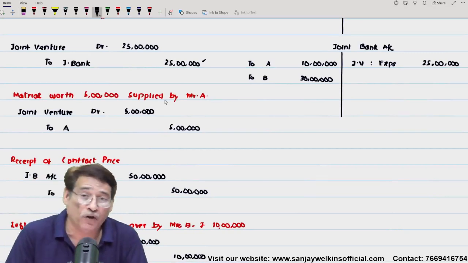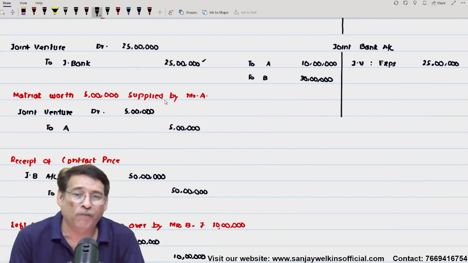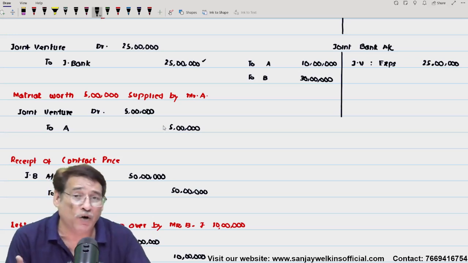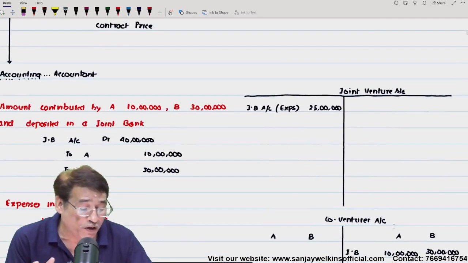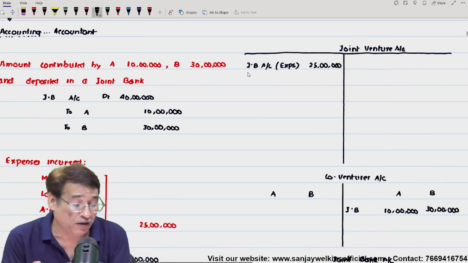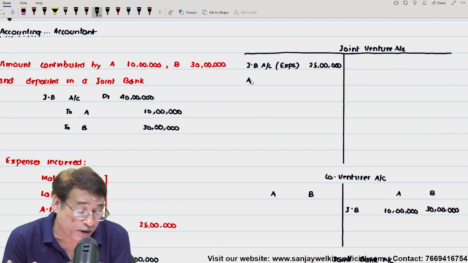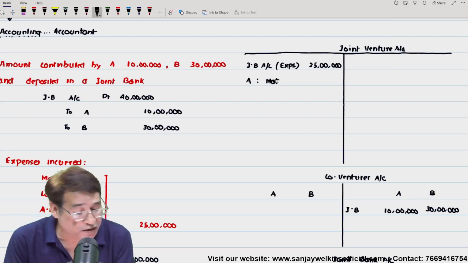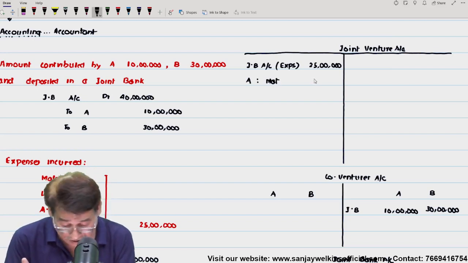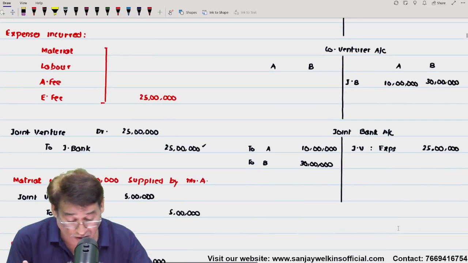And the third entry was again related to expenses, but this time expenses in the form of material are borne by Mr. A. And you wrote the entry joint venture account debit to A account. Whatever expenses are there, those expenses will be debited to joint venture account. However, now I am going to write here joint venture account debit to A account. In bracket, I can write material because A has supplied the material worth rupees 5 lakh.